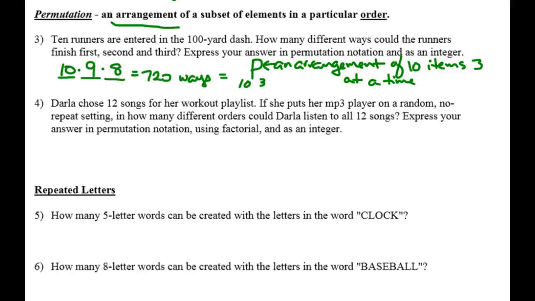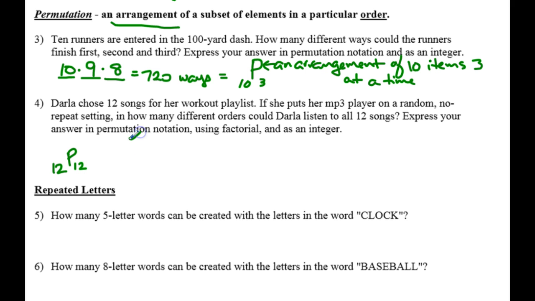Okay, in this example, we again have permutations. It's an order question. Whether or not Darla cares about the order, her songs will be in a particular order on her player. So we could think of this in terms of permutation notation because it asks us to do that. That would be an arrangement of 12 items. We're going to use all of them, so 12 items, 12 at a time.